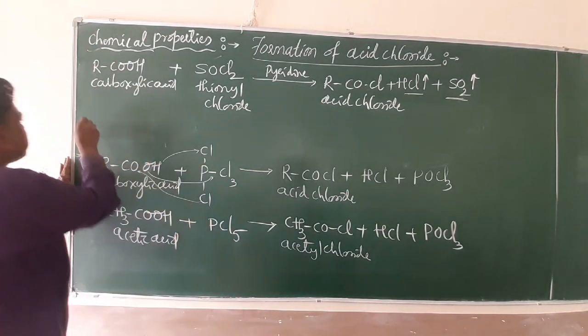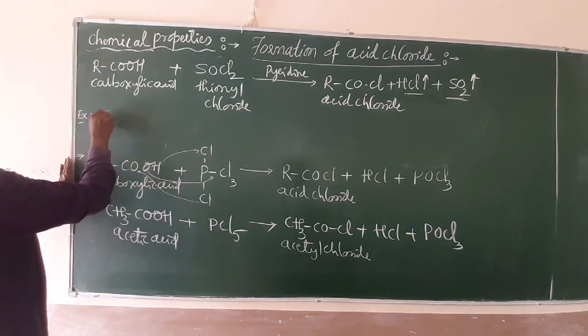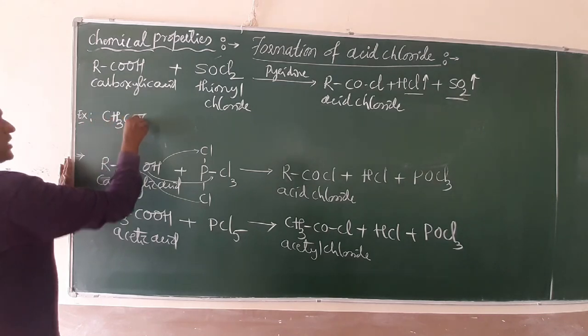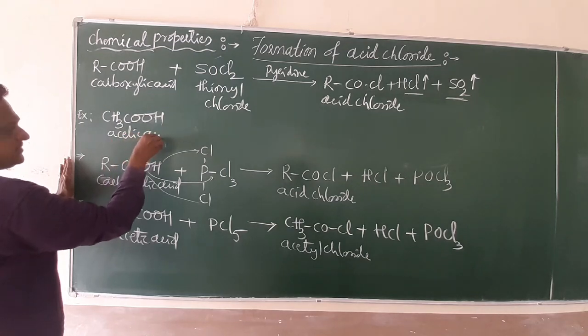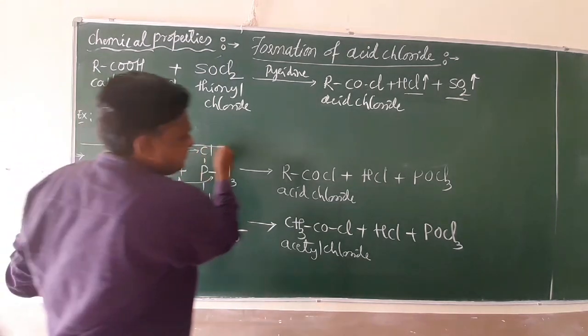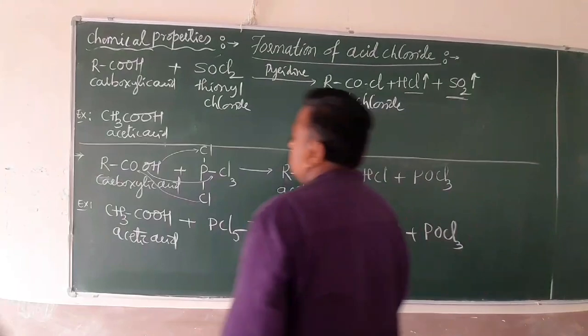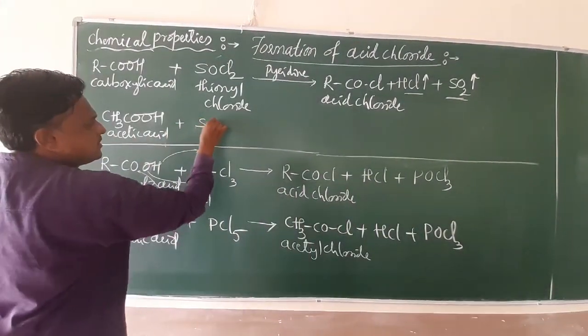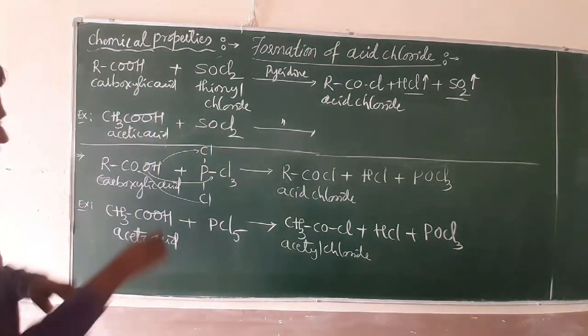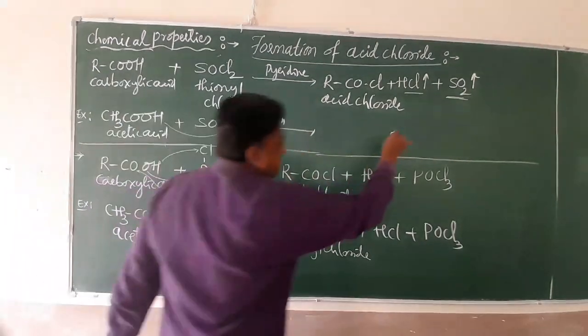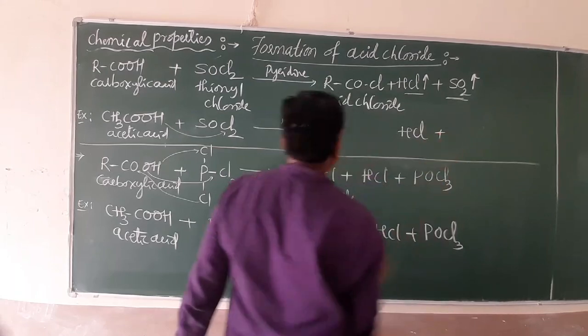We can take an example for this. The same CH3COOH, your acetic acid, is reacted with thionyl chloride in the presence of pyridine. So, friends, H is combined with Cl, giving HCl.